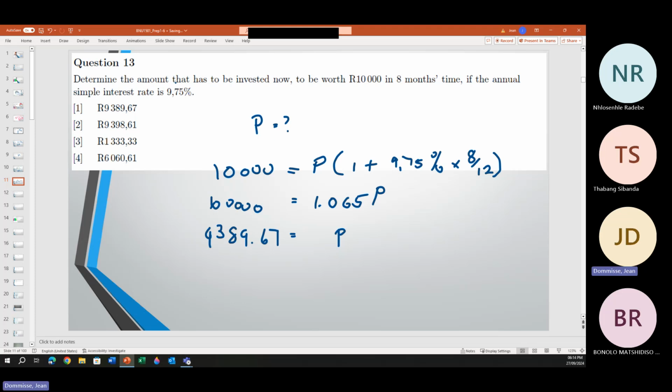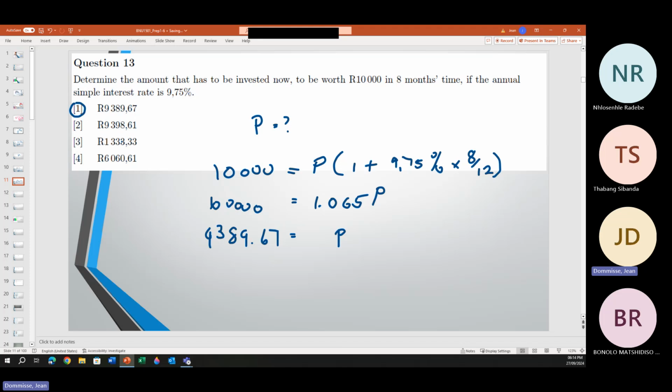Okay, so the total amount that has to be invested now is 8389,67. And very easy to make a mistake there and swapping the two around. So very easy, one can make that mistake as well.